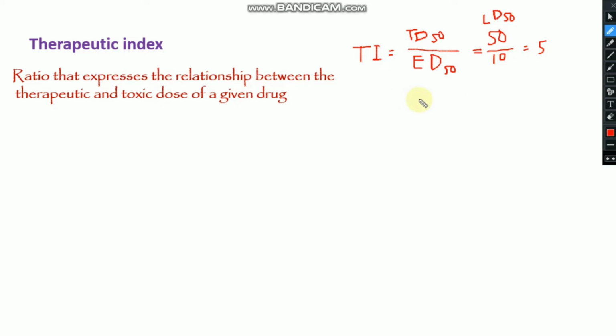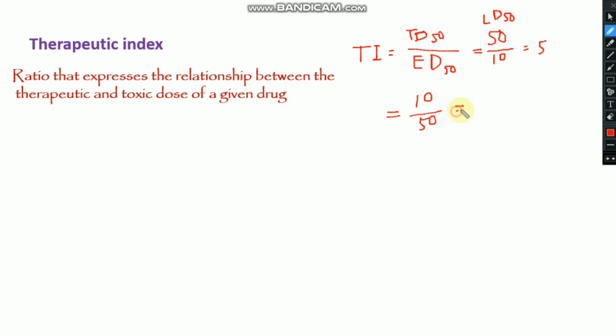In reverse, if the TD50 is 10 and ED50 is 50, what does that mean? It means that the toxic effect is lesser than the effective response. So the efficacy is higher in this case, right?